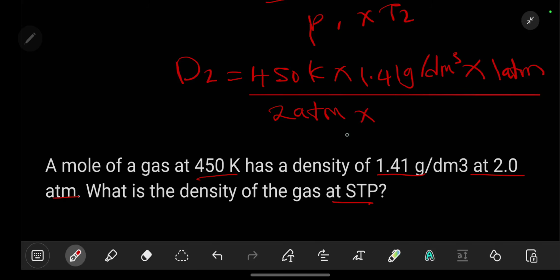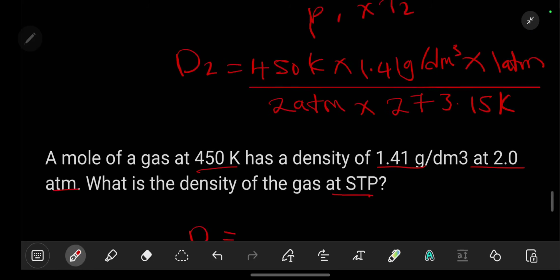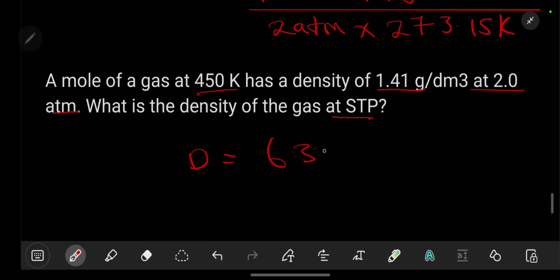2 atm times the temperature number 2, remember it is the one for STP, which is 273.15 kelvins. So the density shall be equal to 450 times 1.41 times 1, which is going to give us 634.5.